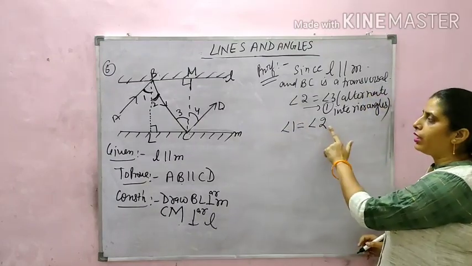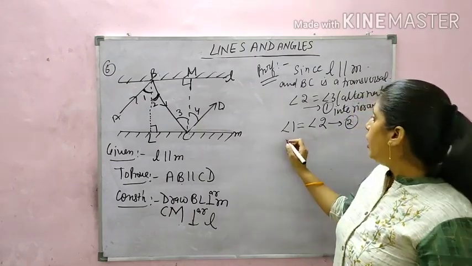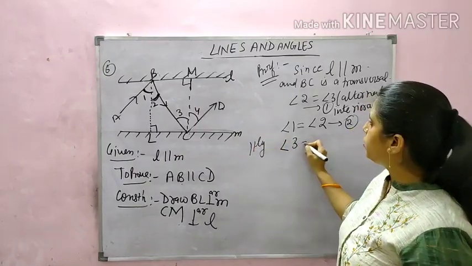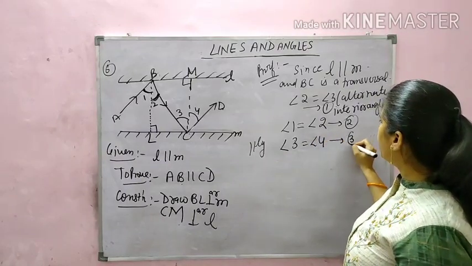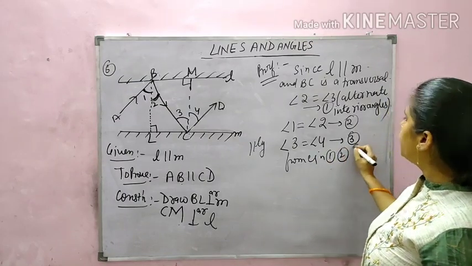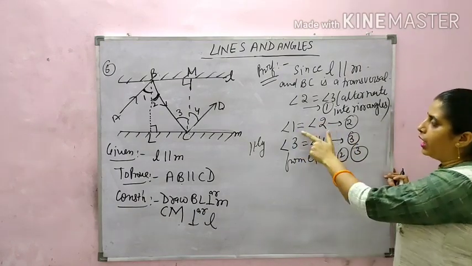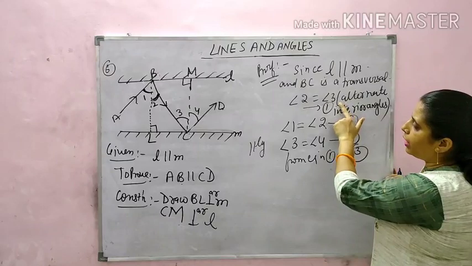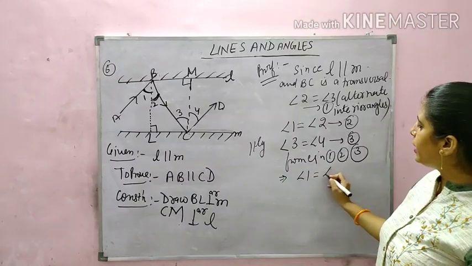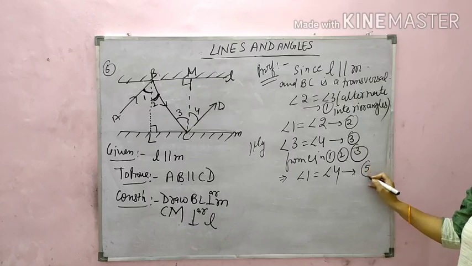Angle of incidence equal to angle of reflection. Equation number 2. Similarly, angle 3 equal to angle 4. Equation number 3. Then from equation 1, 2, 3 हमें क्या मिला? बताइए कि एंगल 1, 2 के इक्वल है, 2, 3 के इक्वल है और 3, 4 के इक्वल है, which implies कि एंगल 1 डायरेक्टली किसके इक्वल हो गया? 4 के इक्वल हो गया, which is our equation number 4.